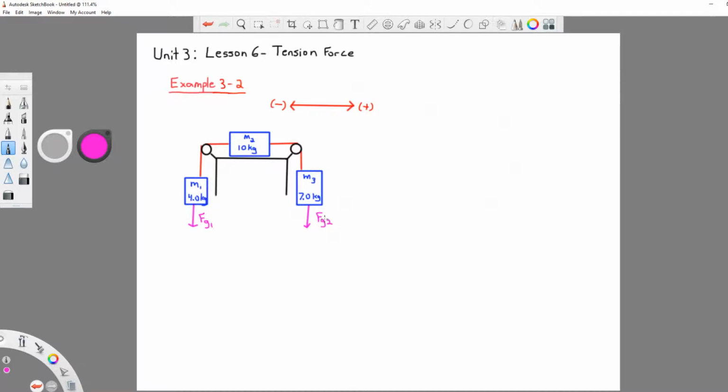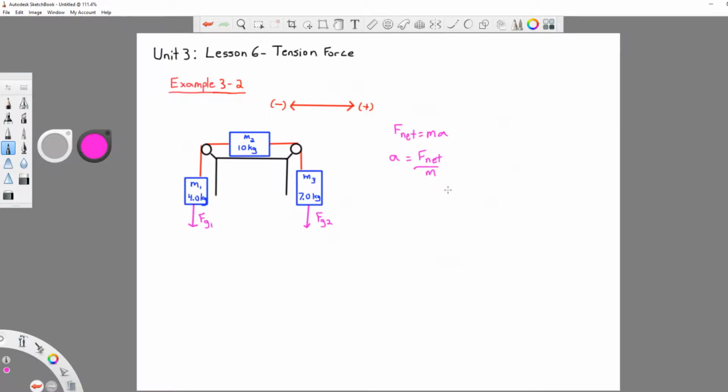Cool. Well, where do we go from here? We always have our standard FNet formulas, so let's just go with those. We can say our FNet is equal to mass times acceleration, and we're looking for acceleration, so acceleration is equal to FNet over mass.